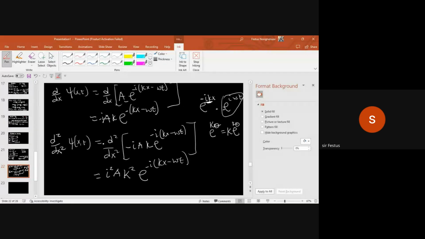Okay, so this is what we are going to have. This now is our second differential of the wave function that we defined. Let me just write the wave function psi of x comma t.